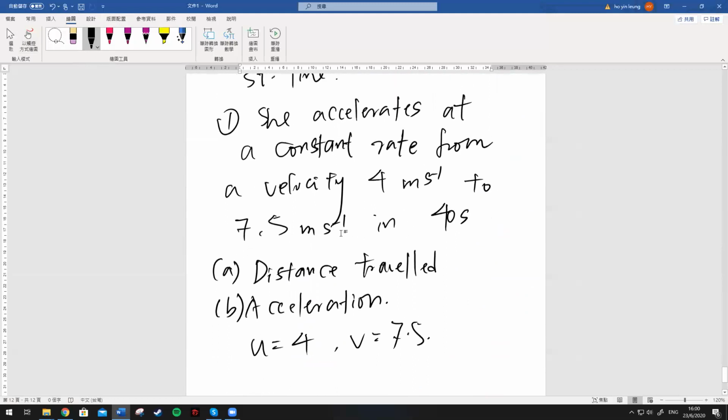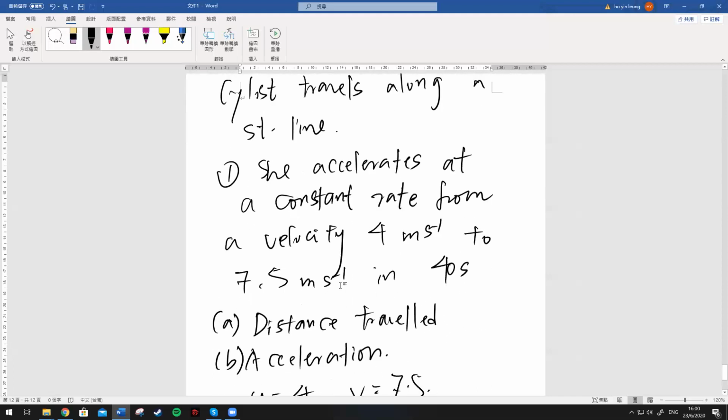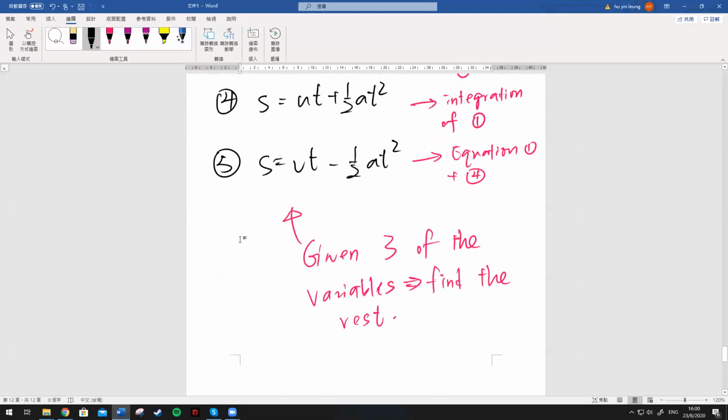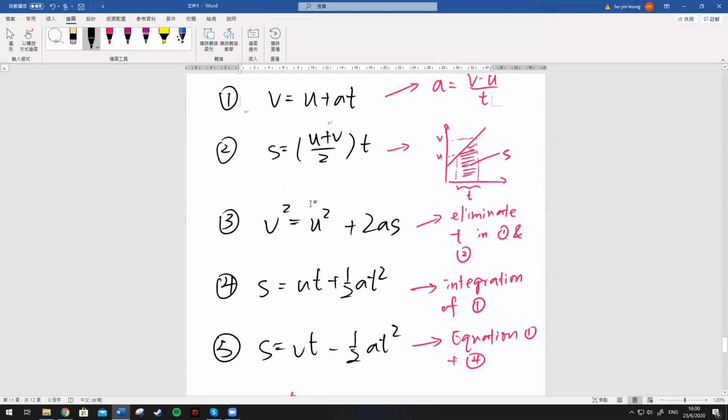For example, distance we keep on using meters, and time we keep on using seconds. If they are not in those units, you need to convert them. Otherwise, if this is given in km per hour and this is given in seconds, you will get something wrong when you apply the parameters into these equations. So be consistent about the unit.